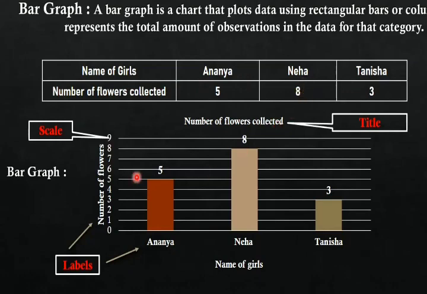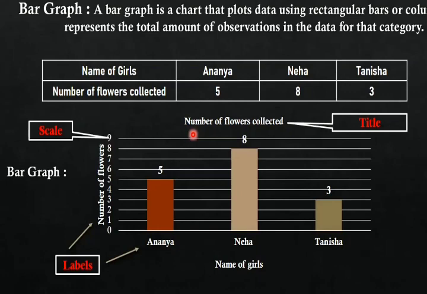Every bar graph has a title, labels, scale, etc. Here you can see the title, which tells us what the bar graph is about. In this example, the title of this bar graph is the number of flowers collected.